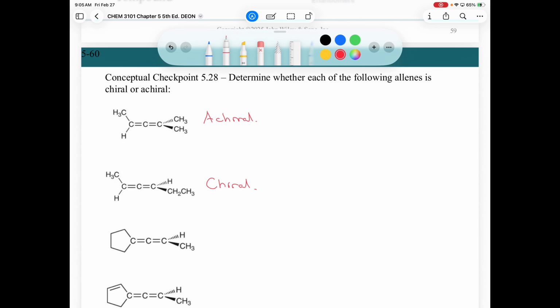What about the next one? You've got that. Go ahead. I'm not really understanding the first one, how that's achiral. So if you take and you chop through here, and through all this, if you had your eyeball looking down like this, what are you going to see? You're going to see CH3, and you're going to see this carbon, and you're going to see CH3, double bond, carbon, right?